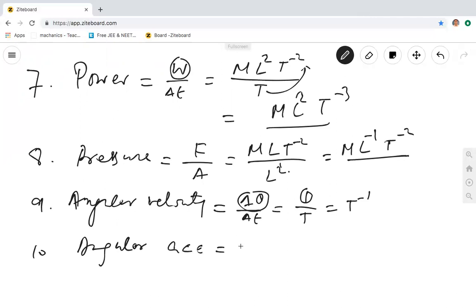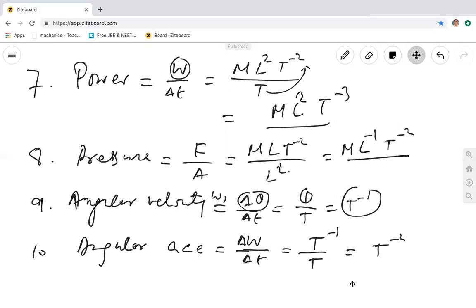That is the change in angular velocity, omega, by time interval. Angular velocity is T raised to the power minus 1, and time is time, so it is T minus 2.